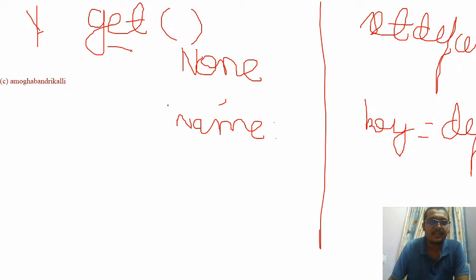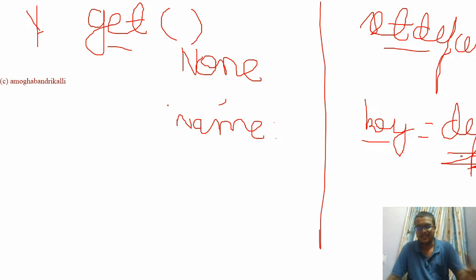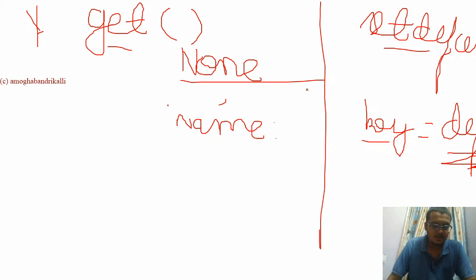Both get and setdefault return the value of a key, but setdefault sets the default value for the key if it is not present. If it is not present, None is going to be added to the key. This is the one difference here.